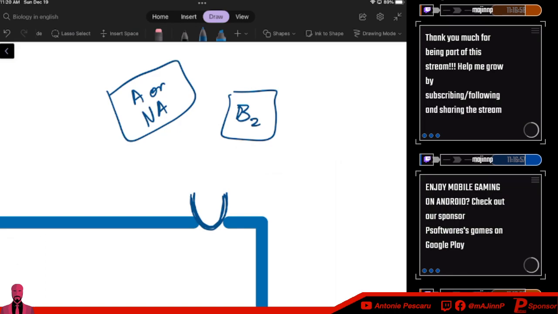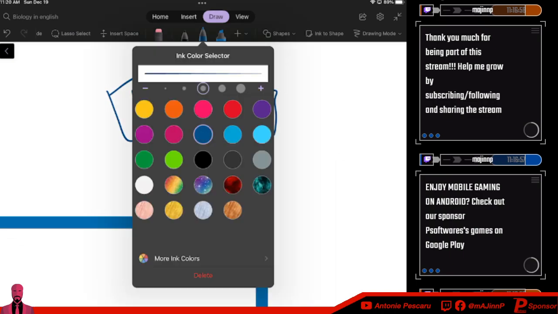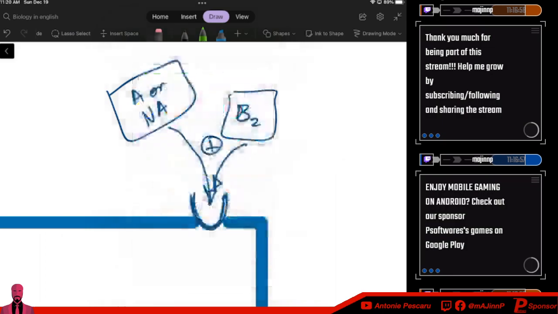Well, both of them are going to do the same effect. Again, the beta 2 acts as a complement, so it can also connect to the same receptor, and they're both going to do stimulation. Again, since they're not liposoluble, they cannot pass through the membrane, so they have to use the second messenger system.